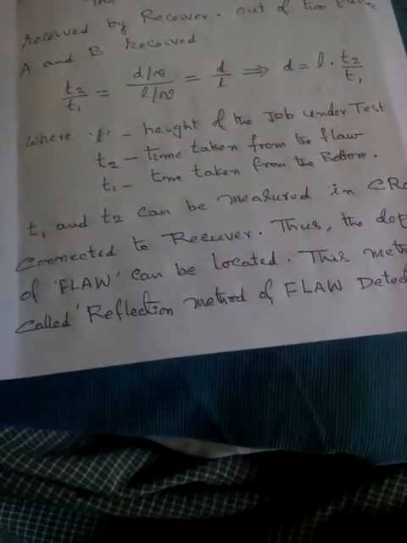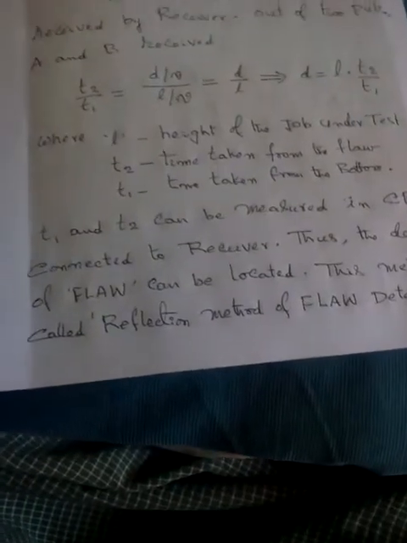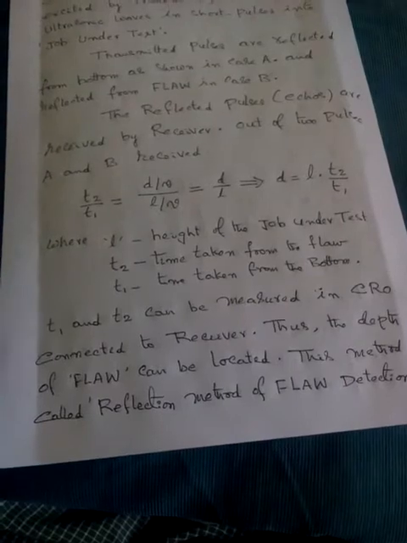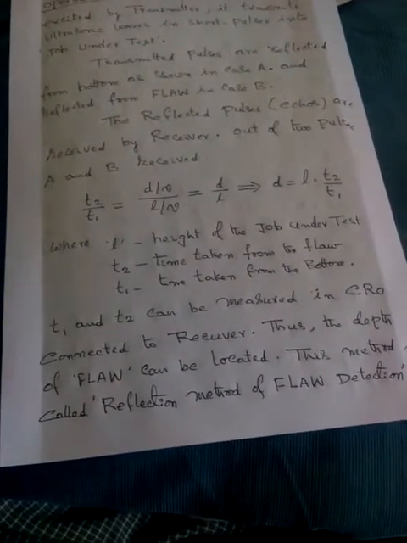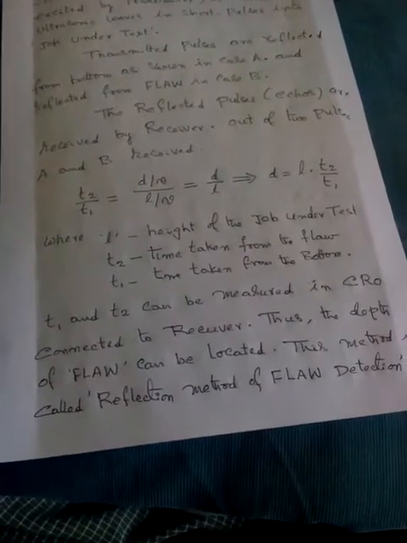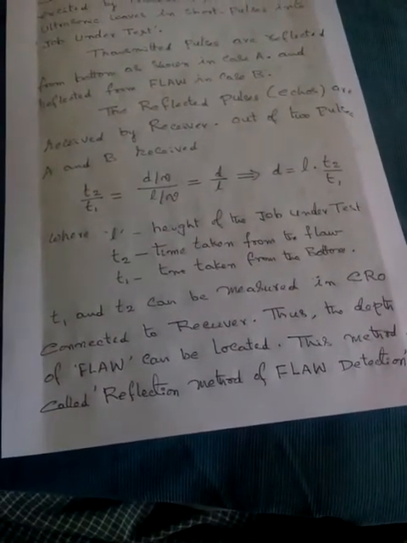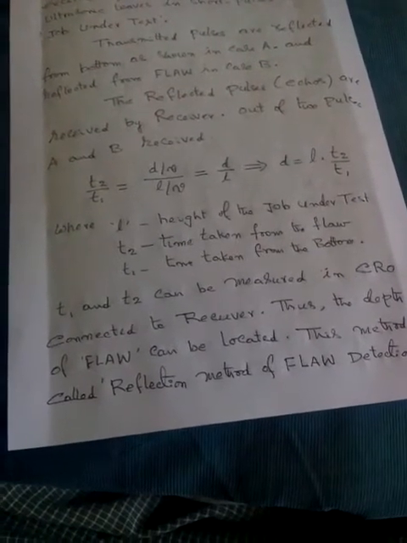This method is called reflection method of flaw detection. There are, of course, various other methods of flaw detection. This is one of the popular methods. Okay, here we can find out the depth of the flaw, depth of where it is located, that is equal to L into T2 by T1.